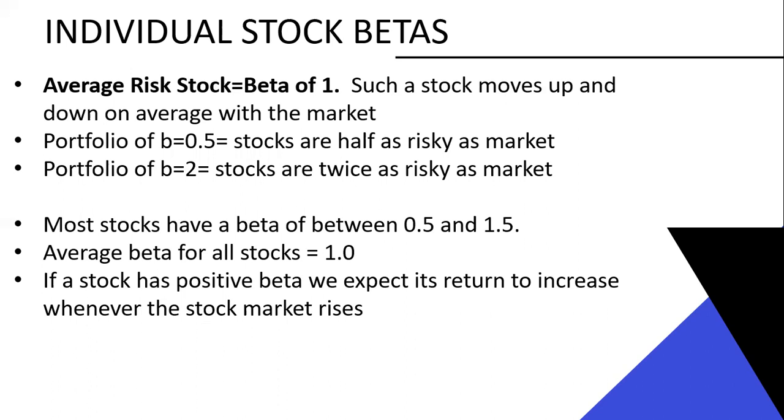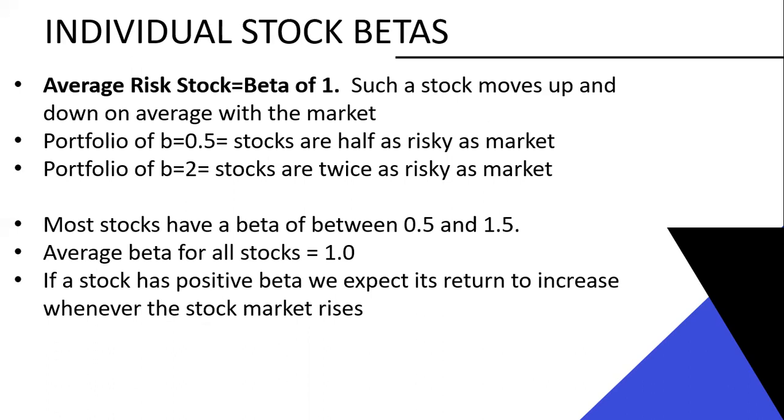And if a stock has a beta of 1, what does that mean? It means that it is moving exactly according to the average market movement. So if the market is going up and a stock has a beta of 1, it means the stock is going to go up. And if the market goes down, then the stock is also going to go down. So that's what a beta of 1 indicates.